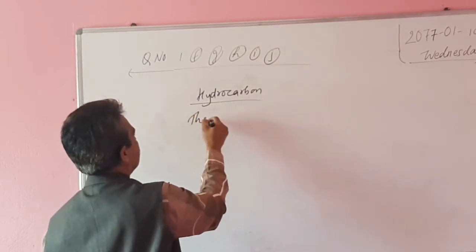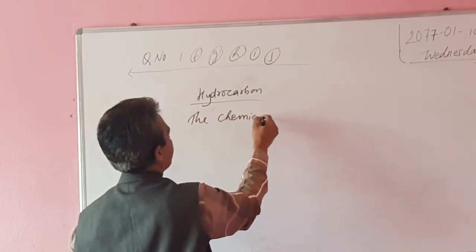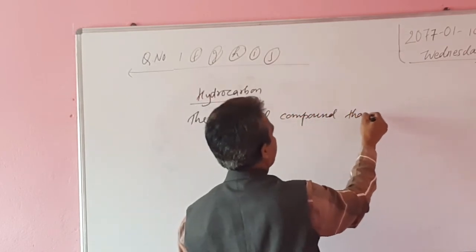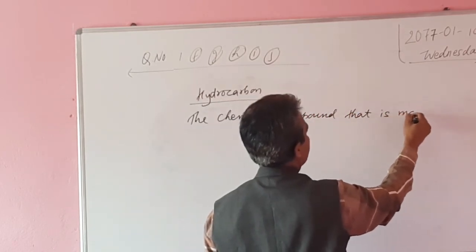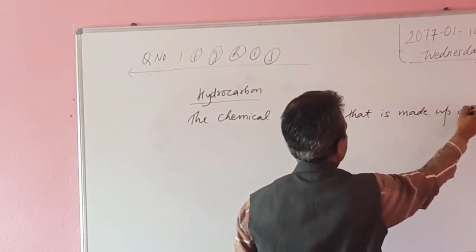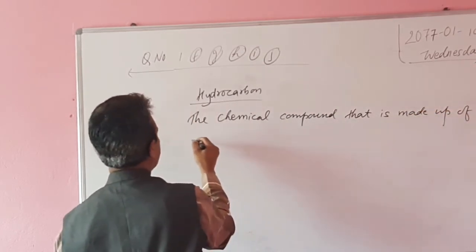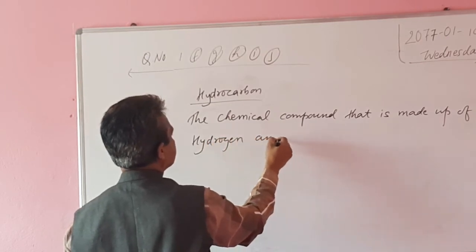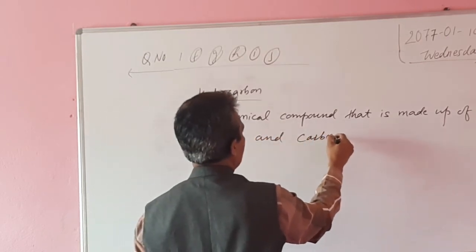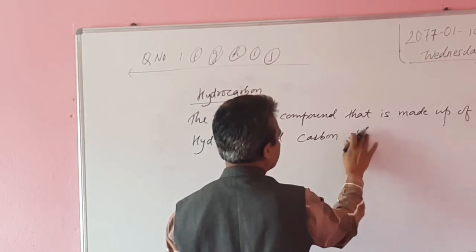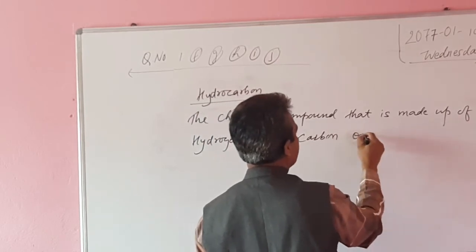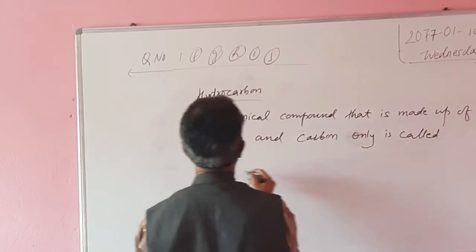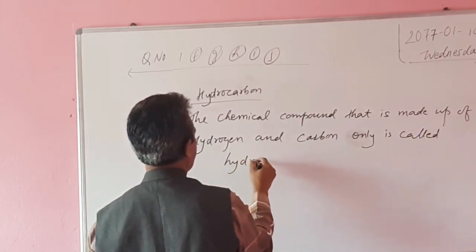So the chemical compound that is made up of only hydrogen and carbon is called hydrocarbon.